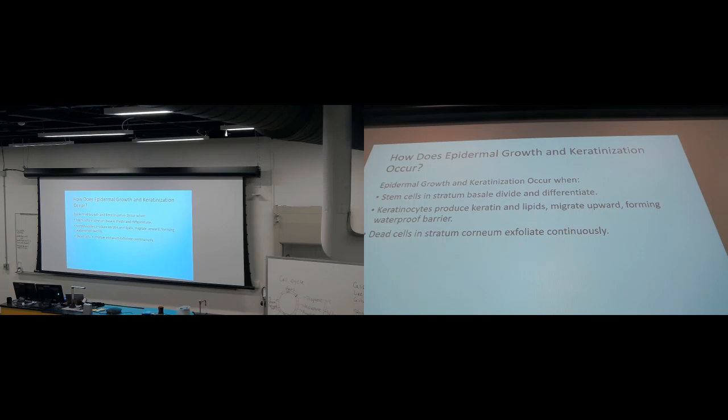As this happens, these daughter cells in the skin start migrating towards the stratum corneum, replacing the superficial cells that we lose. The keratinocytes start producing keratohyaline proteins and lipids, and as they migrate up, these cells shrink and shrink until they die, and then you form only an inner protein that is a waterproof barrier.